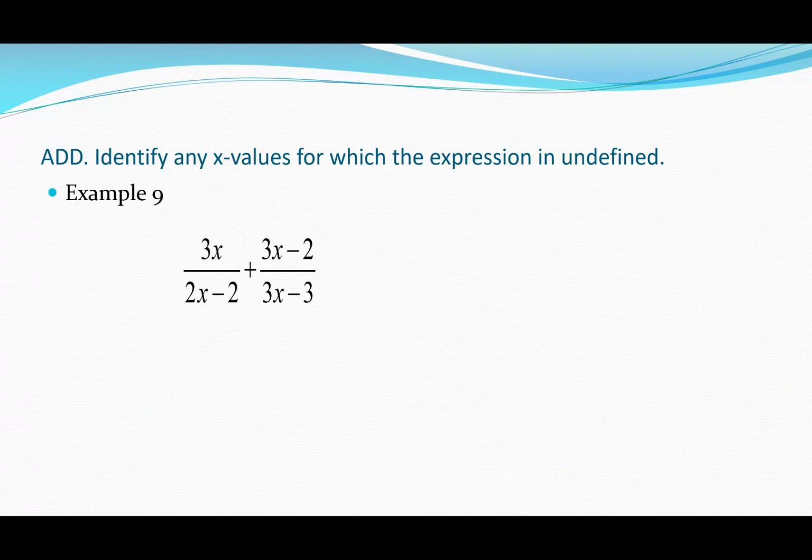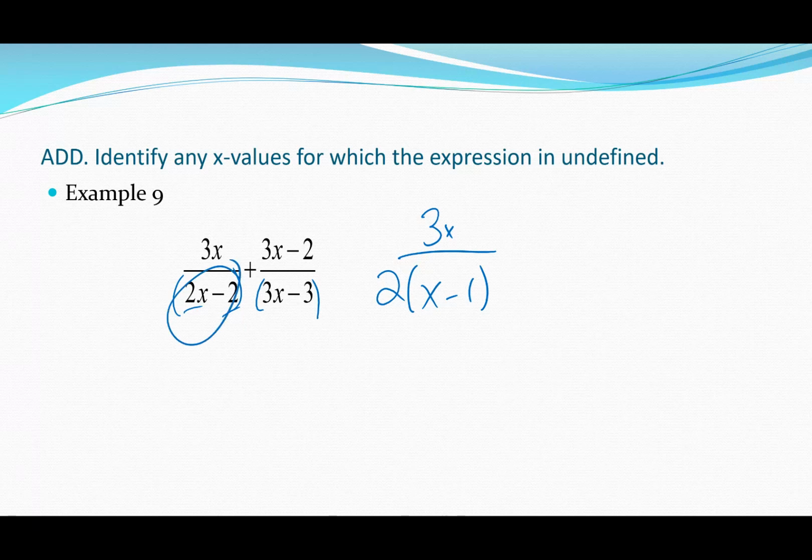I'm going to do a couple more of these because they are kind of a challenge. So let me factor everything I can here, which is my denominators. So if I factor the denominator on the left, the 2x minus 2, the numerator is 3x. But I can divide a 2 out of this. Take that GCF out, leaving me with 2 and then x minus 1 inside.